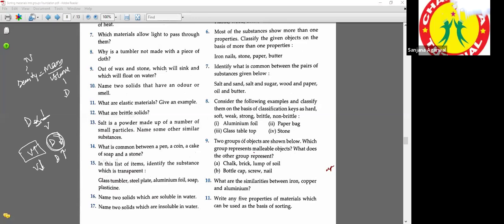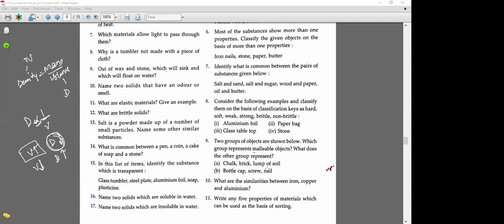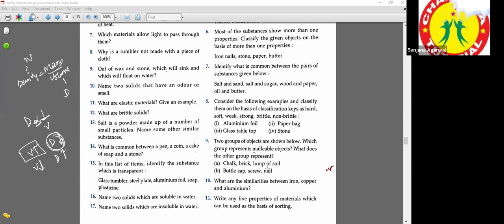Bhavesh, 9. Two groups of objects are shown below. Which group represents malleable objects and what does the other group represent? Ma'am, I did not understand the ninth one. Here, the word has been repeatedly used while we were doing the chapter.